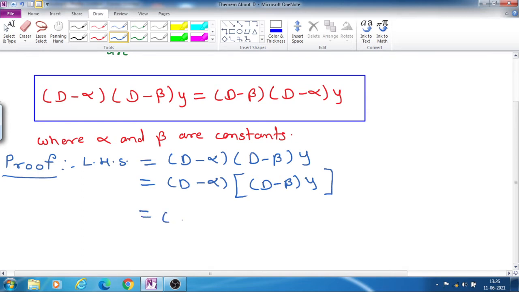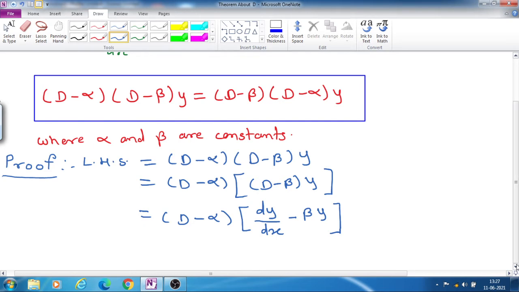Operating D on y, D means d by dx, therefore dy by dx, minus beta y, where beta is a constant, so it is only beta into y.